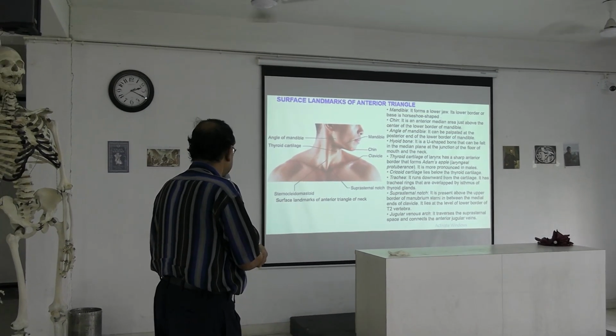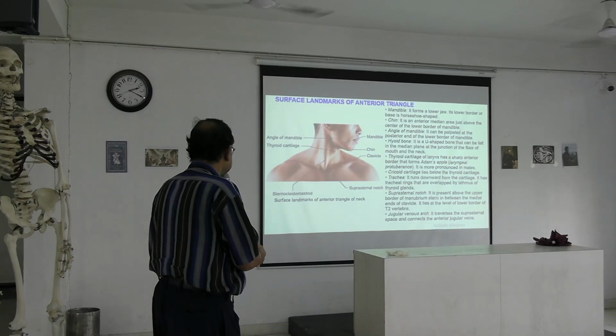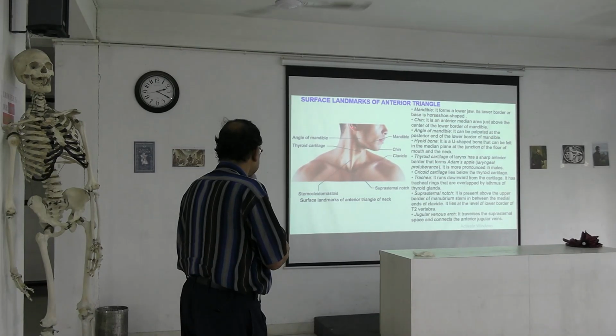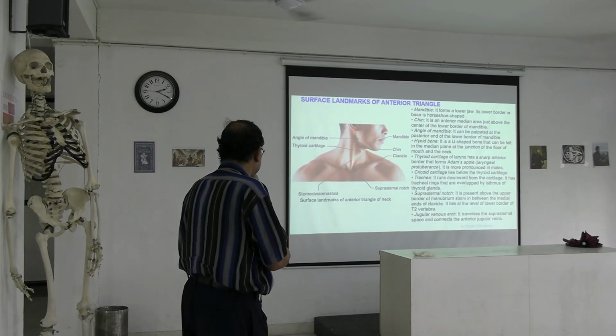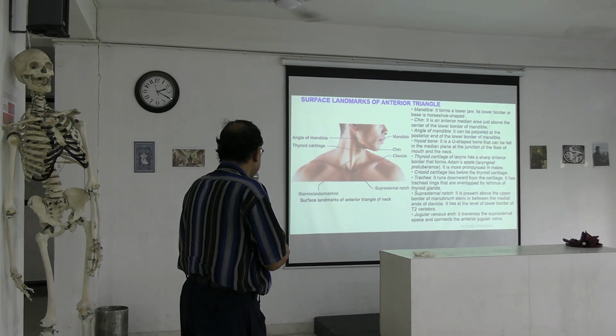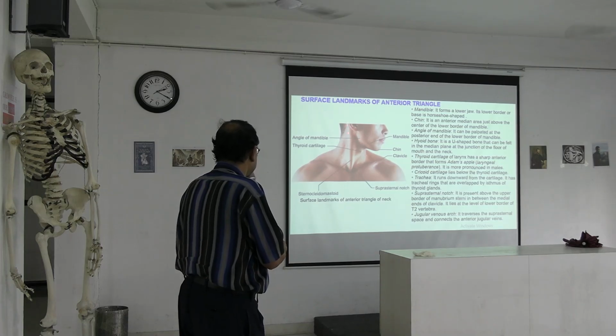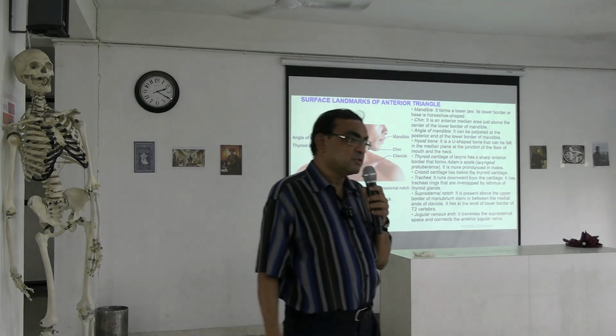So in the anterior triangle, what is the boundary? Posteriorly, we know that the anterior margin of the sternocleidomastoid, above by the chin and base of the mandible, angle of the mandible, and from here one imaginary line which joins the angle of the mandible up to the sternocleidomastoid muscle.